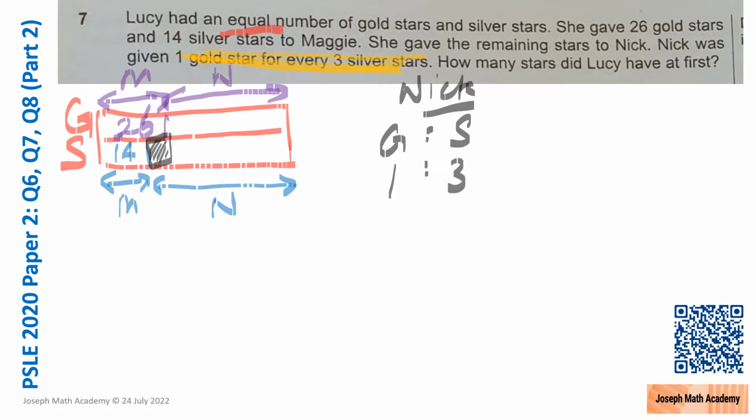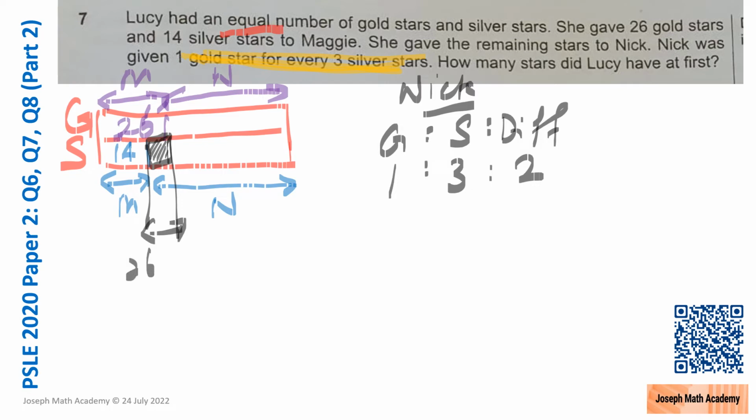This is the difference in gold and silver stars Nick received from Lucy. Let's introduce difference to this ratio. The ratio Nick received from Lucy, gold to silver to difference, should be 1:3:2. Now looking at this difference, let's calculate what this is.